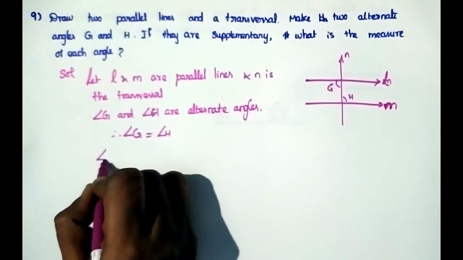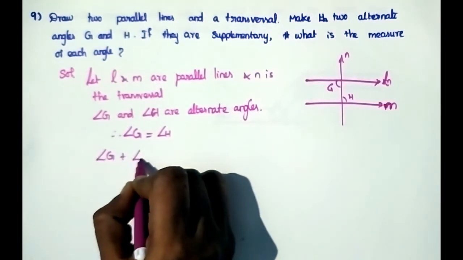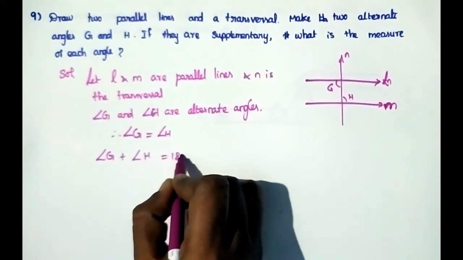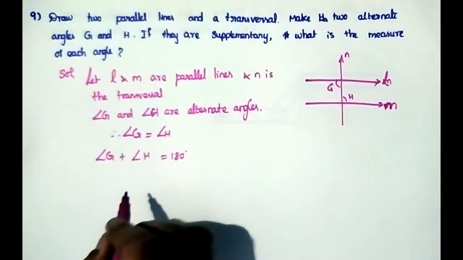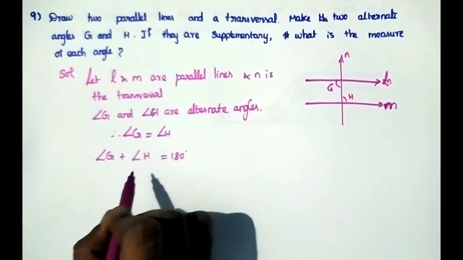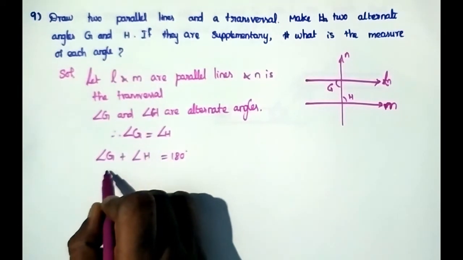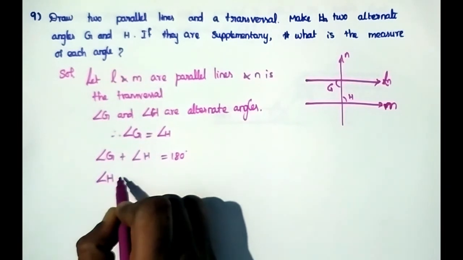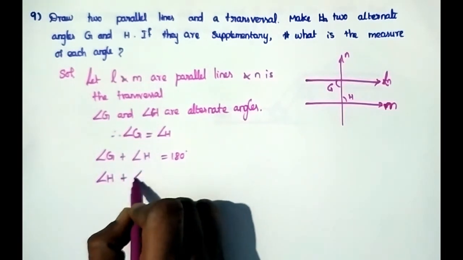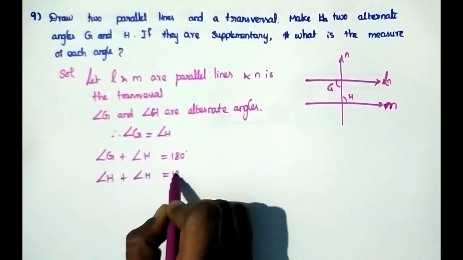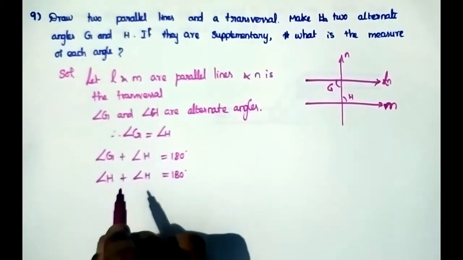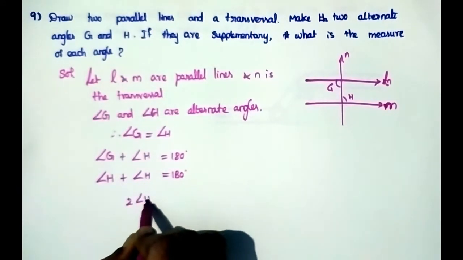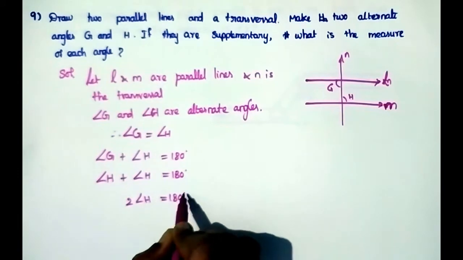So angle G plus angle H equal to 180 degrees. Substituting angle G equal to angle H, angle H plus angle H equal to 180 degrees. So 2 angle H equal to 180 degrees.